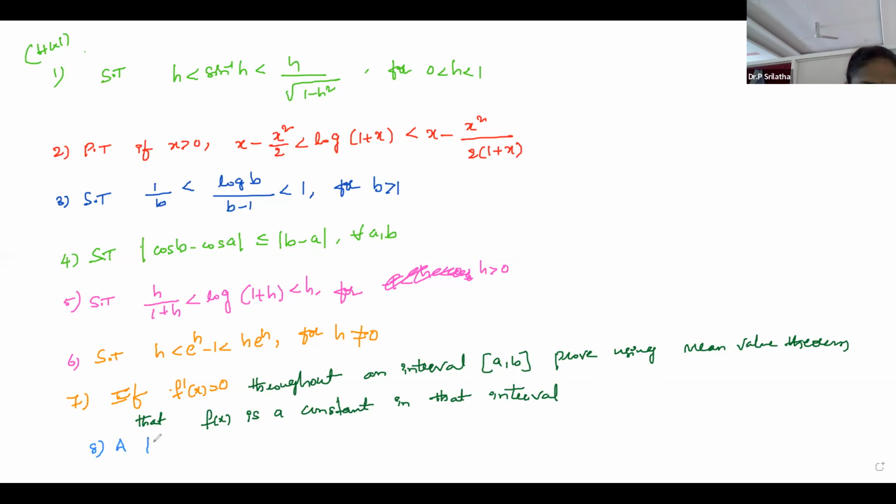a function f of x is said to be increasing if f dash of x is greater than 0.